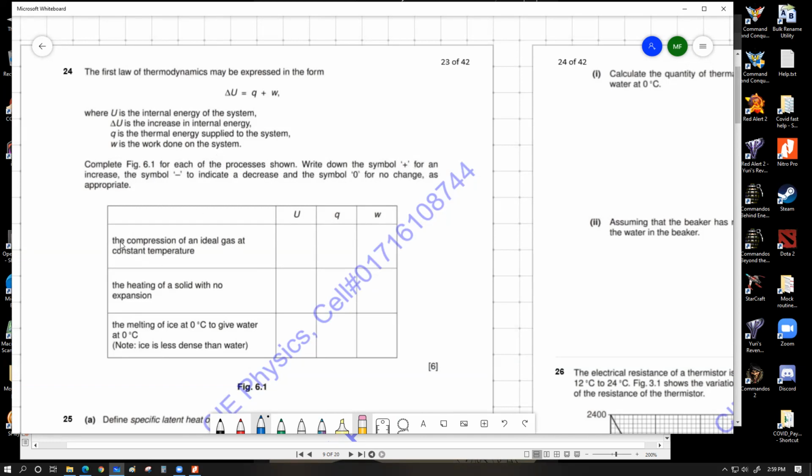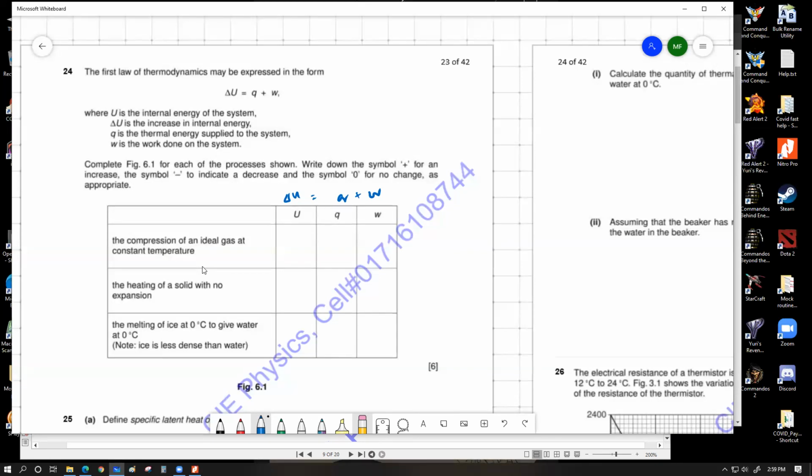Scenario. First of all, the question says the compression of an ideal gas at constant temperature. Well, we know for an ideal gas, if the temperature is constant, then the total change of internal energy should be 0. So what you need to understand is that delta U should equal Q plus W, so this equation needs to be fulfilled at least in terms of increase and decrease.